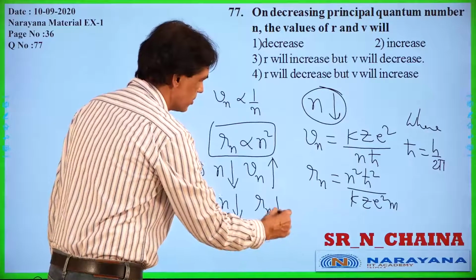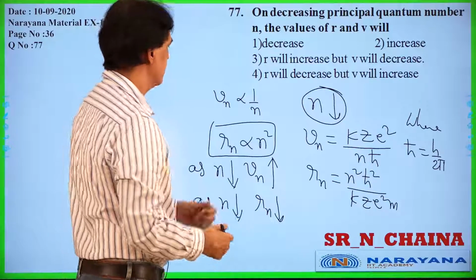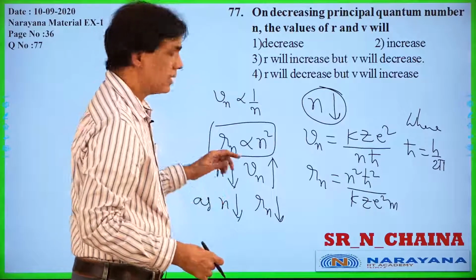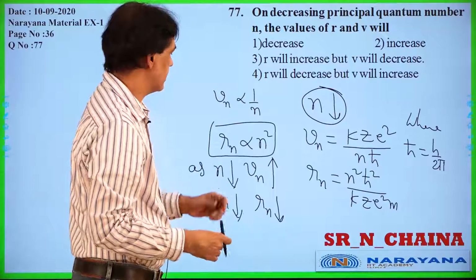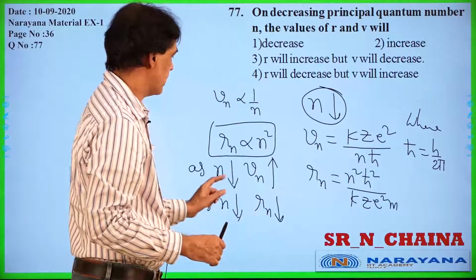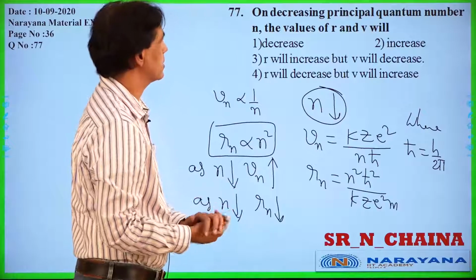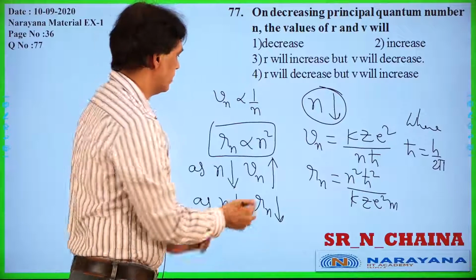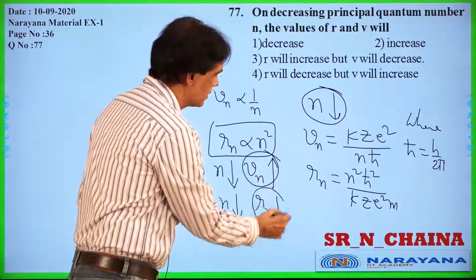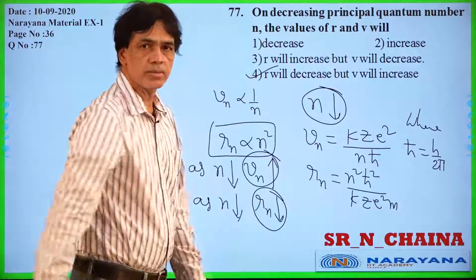Hope you understood this. So the correct answer is: as n decreases, Rn decreases and Vn increases. R will decrease but V will increase.